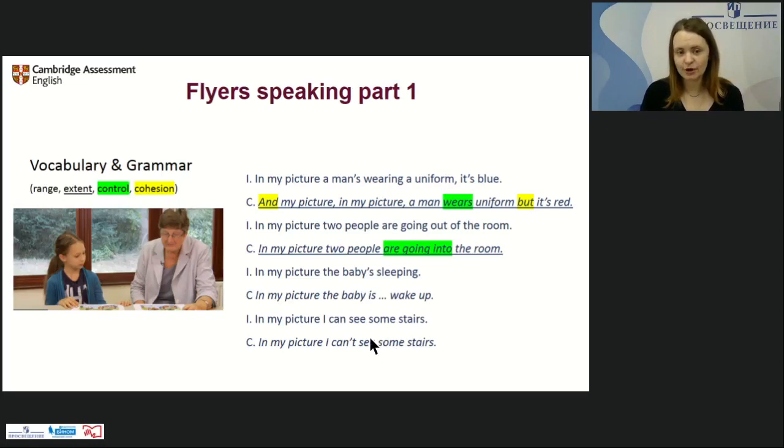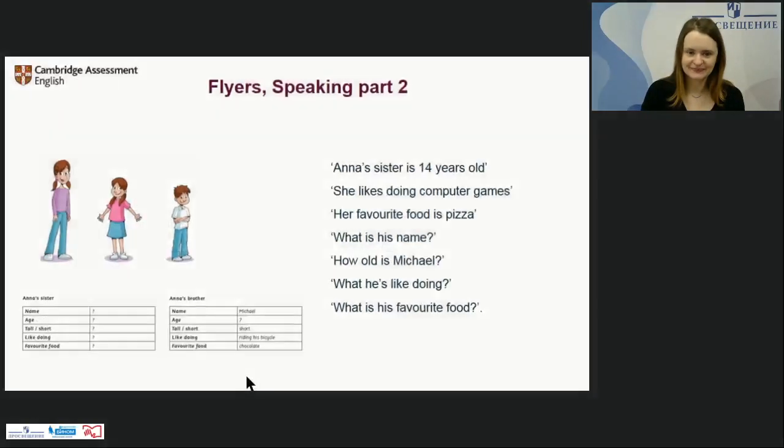There is an example of control. Again, "I can't see some stairs." It has to be "any," of course. But still, it's more or less okay. It's not going to be a failure, and she will probably get a 4 for this criterion. Okay, let's move on.